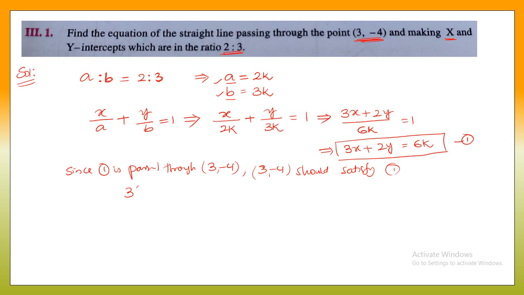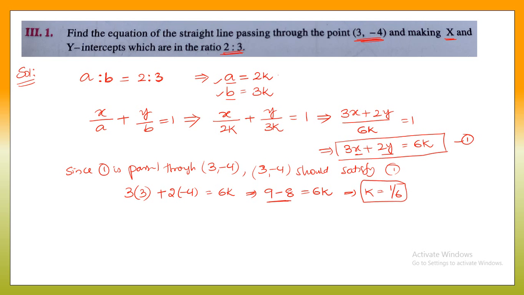Satisfying equation number 1 means we need to substitute the x and y values. So 3 times 3 plus 2 times minus 4 is equal to 6 times k. From this clearly we will get the value of k. 3 3s are 9, minus 4 2s are 8, is equal to 6k. So 9 minus 8 is 1. Clearly k is equal to 1 by 6. So we got the value of k.